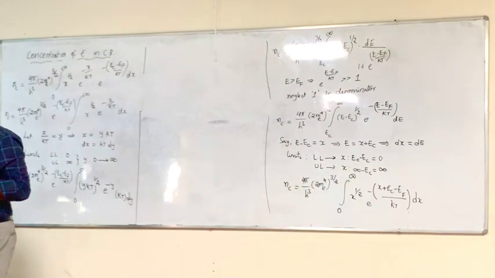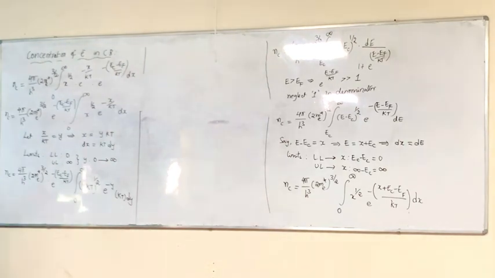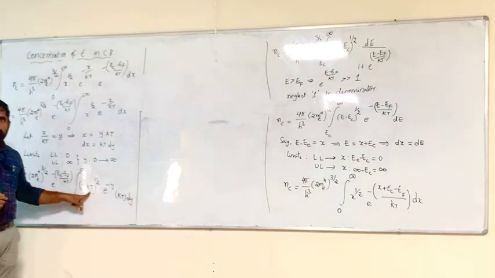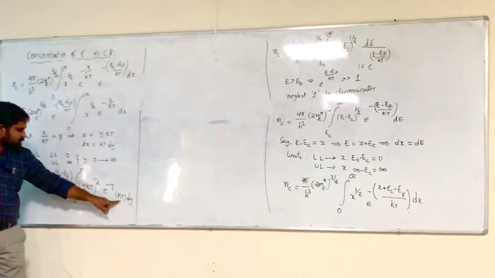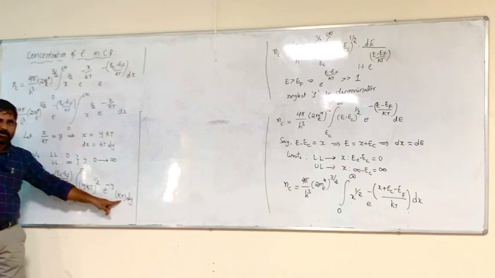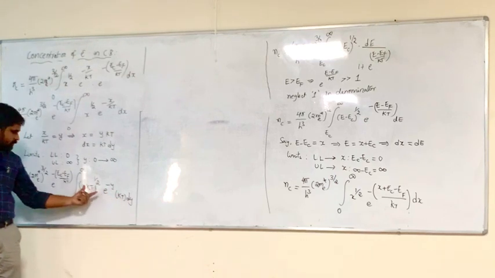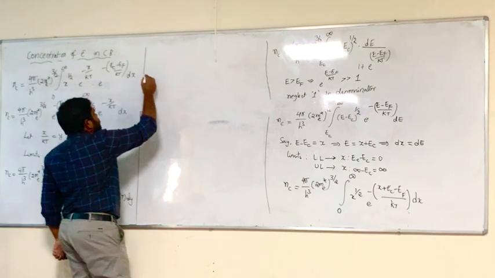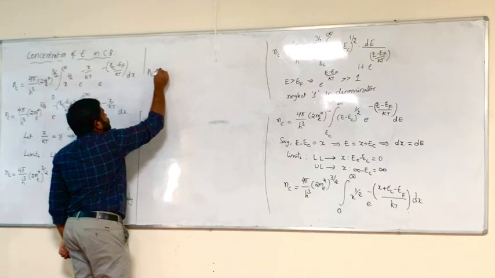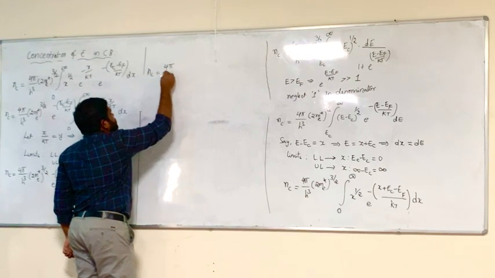If you bring outside, you are somewhere in that step. So bring kt to the power 1 by 2 here. Kt is there. If you add 1 by 2 plus 1, kt to the power 3 by 2, take it out of the integral. Therefore your MC is equal to 4 pi by h cube.